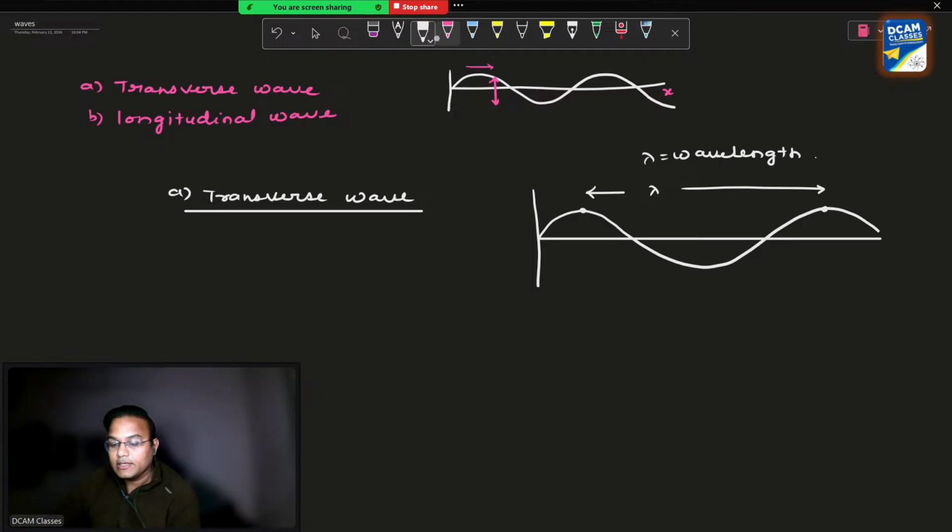This is wavelength. If this is displacement x, this is y. If you take this point A and again this point B, after this the wave gets repeated from A to B. It represents a complete cycle.